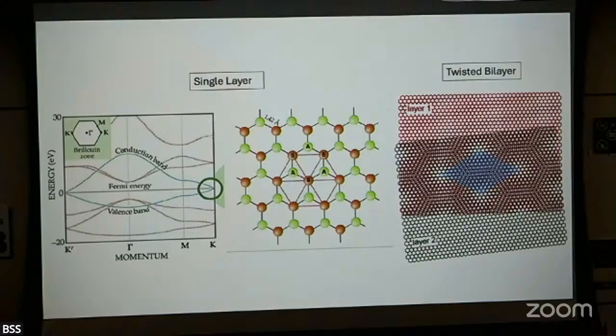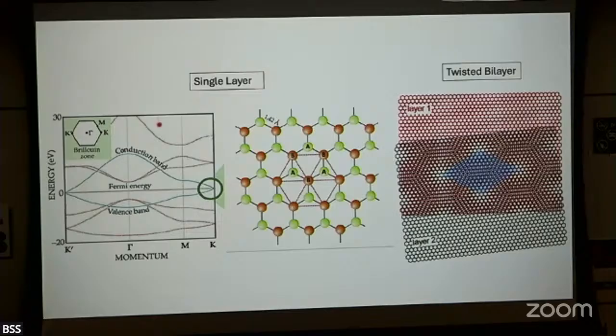And you can see energy versus momentum in the microscopic Brillouin zone of the material. There are red bands that are further away from the Fermi level. These are actually the sp2 bonding and anti-bonding orbitals that give a graphene sheet its exceptional stiffness and strong bonding.